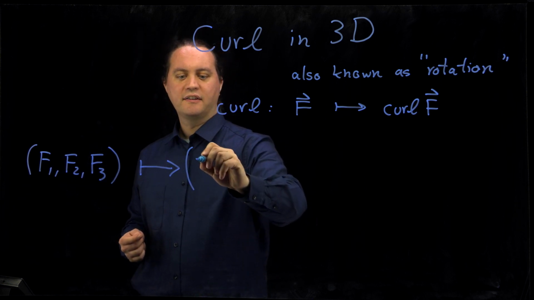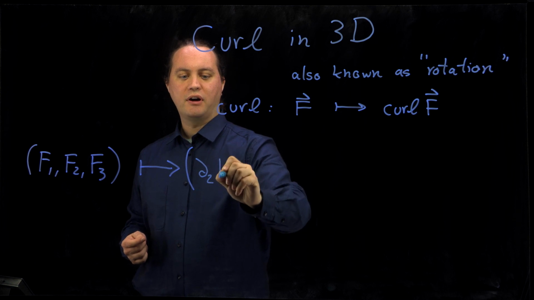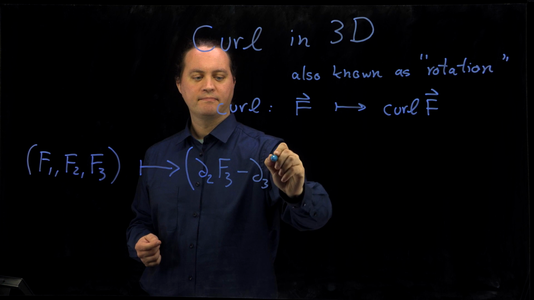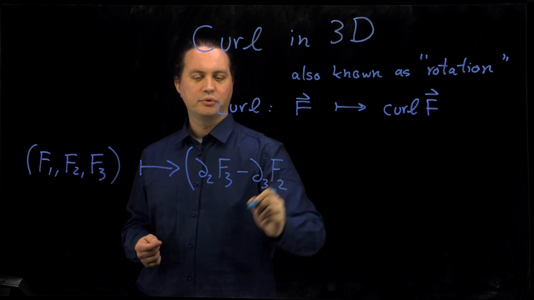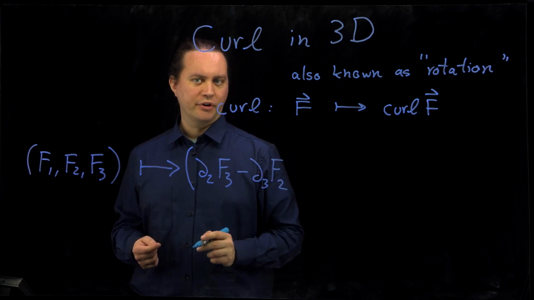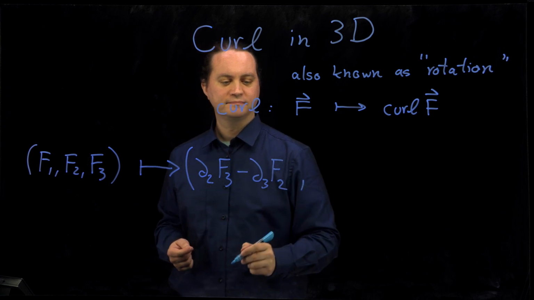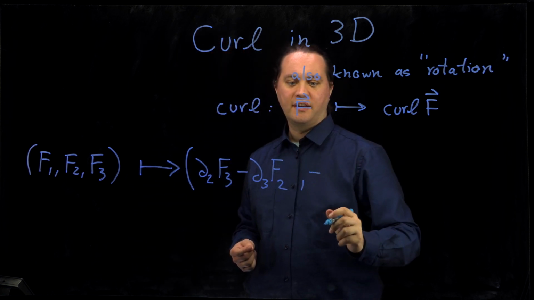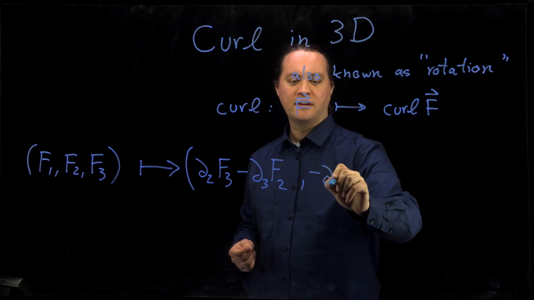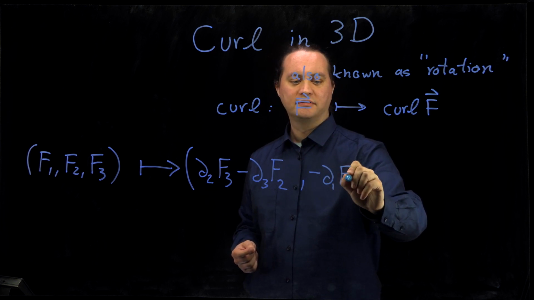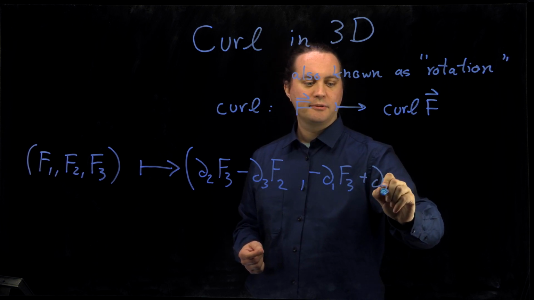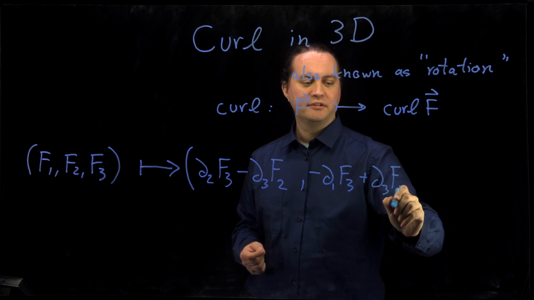We take del2 of f3 minus del3 of f2. That's the first component of the curl. Then we take negative del1 of f3 plus del3 of f1.